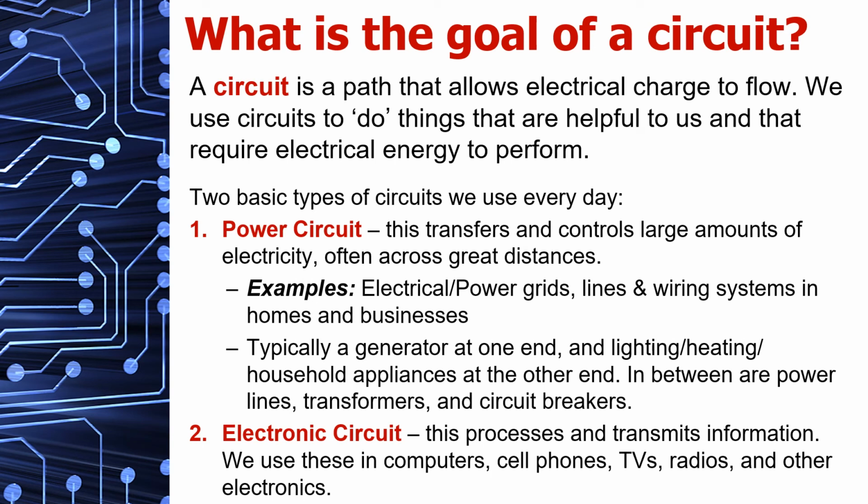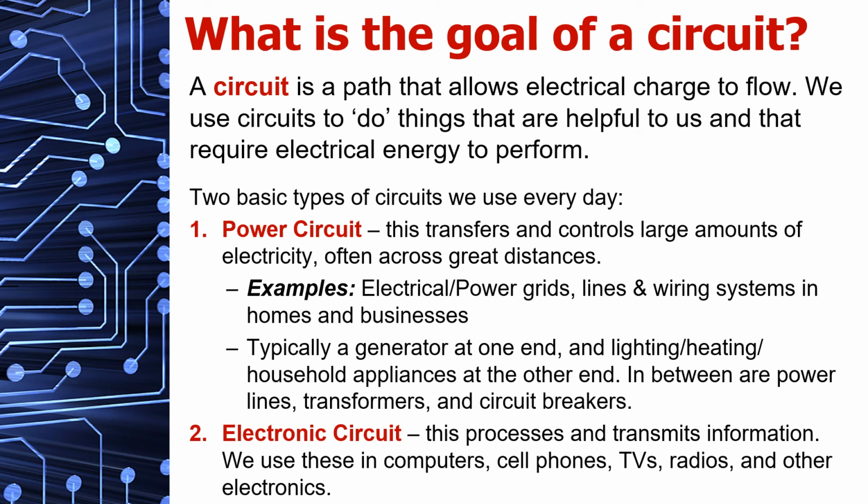Now, there are two basic types of circuits that we use every day. The first kind is what we might call a power circuit, and this is where we get our power from in our homes and businesses. When you turn the light switch on the wall, your lights are coming from a very large electrical power grid that has lines that cross states in some cases and carry that electrical charge through your home's wiring system and back.